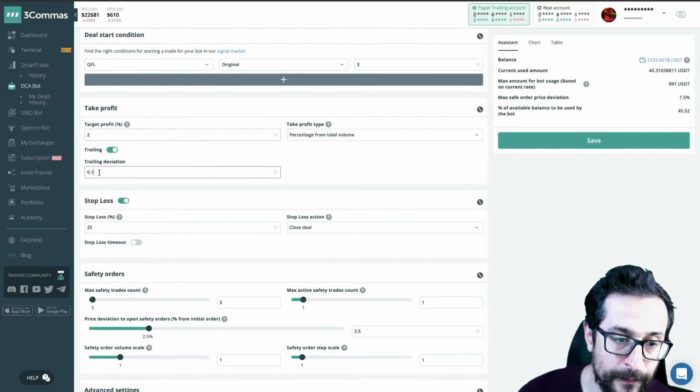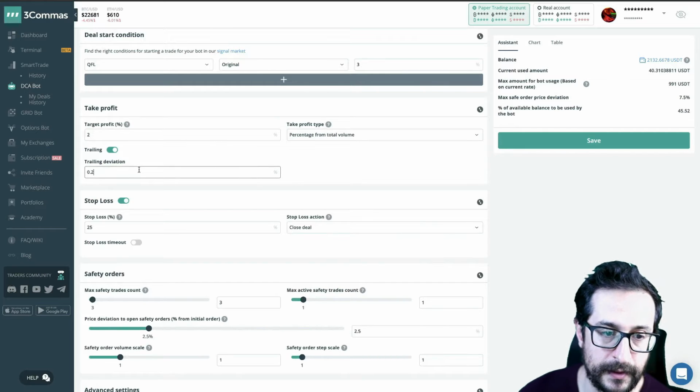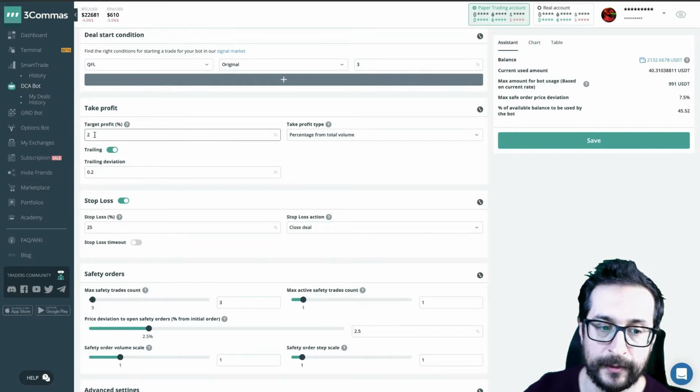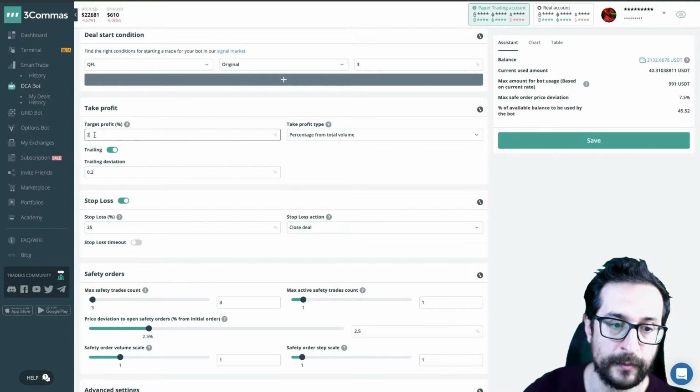But if you have this enabled, it means that if the price goes up above 2% and it keeps going up without any drop, you can keep making more profit and more profit.